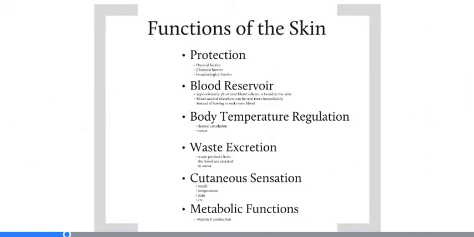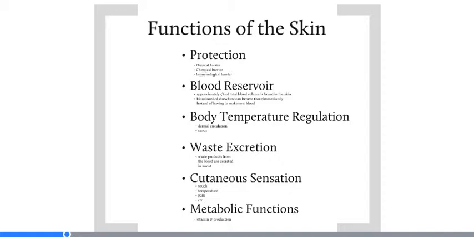To understand the role that tissues play in an organ system, we want to think about the various functions of the skin and how the different tissues play into those. So essentially the skin is responsible for protection. It's a blood reservoir, meaning that it reserves some of the blood volume in our body for special needs.